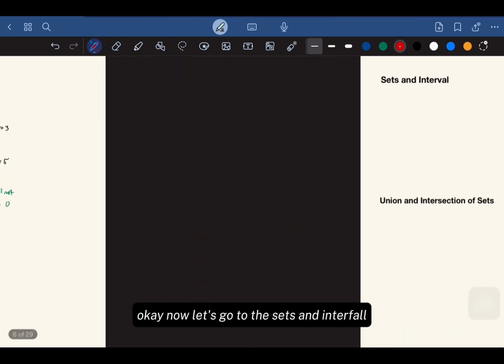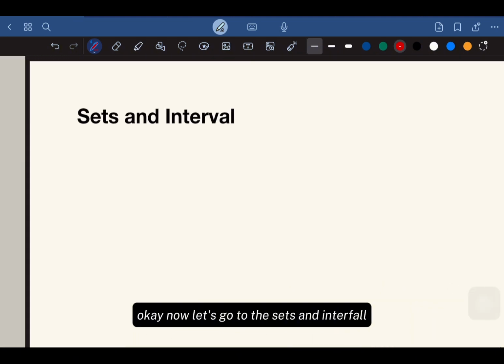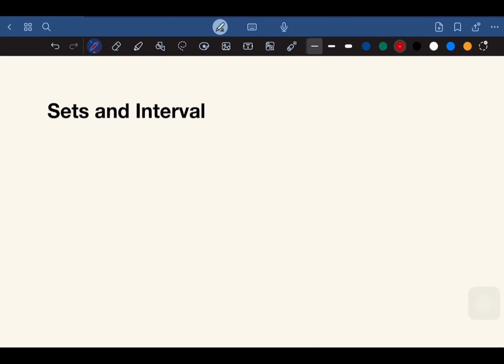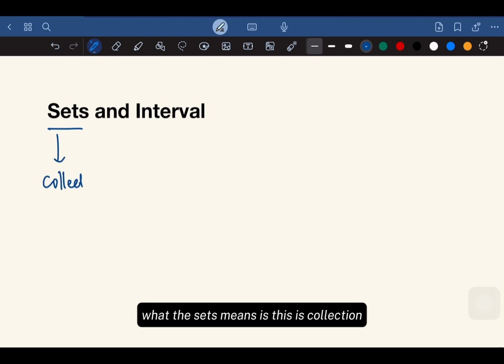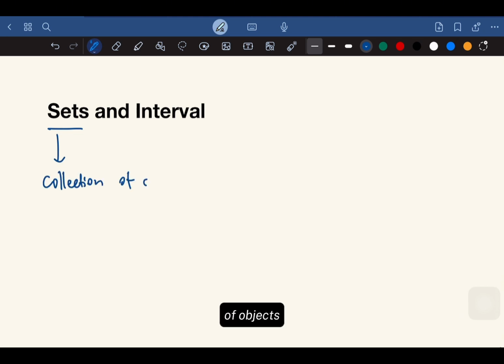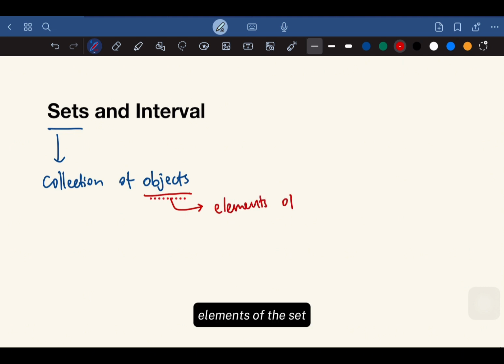Okay, now let's go to sets and intervals. We learn that the building blocks are sets, and what a set means is a collection of objects, and the objects are the elements of the set.